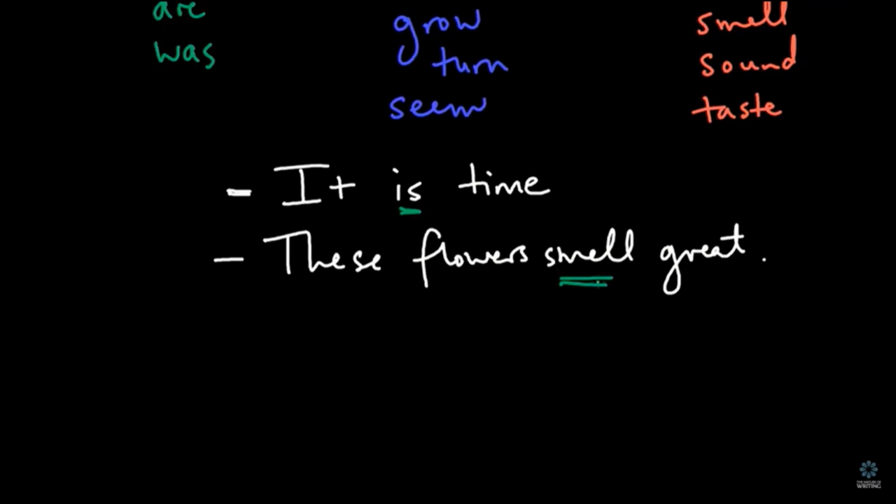Now, the next thing we want to learn is that there are some names that we use to describe what comes after the linking verb. So the last little bit here, time and great, this part of the sentence that describes the subject, is called the subject complement.